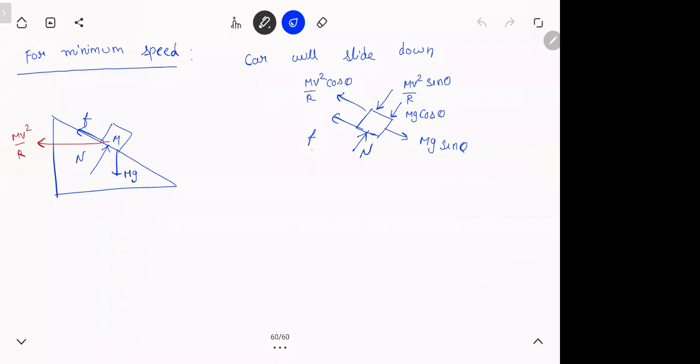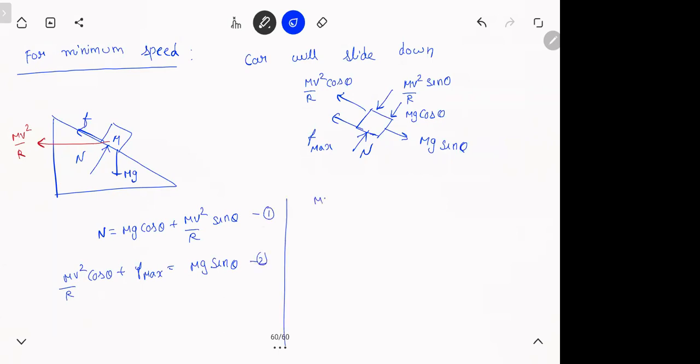Then writing the equations, N will be mg cos theta. And I know F is equal to mu N. If I substitute that, we end up with mv square by r equal to cos theta plus mu.